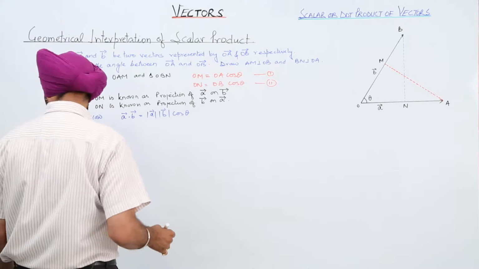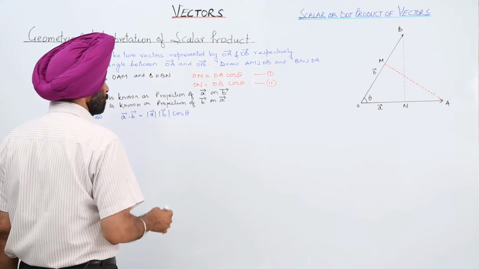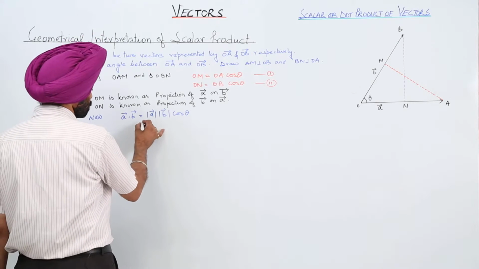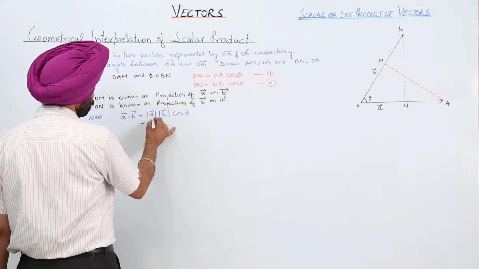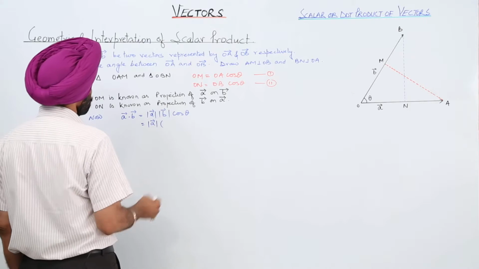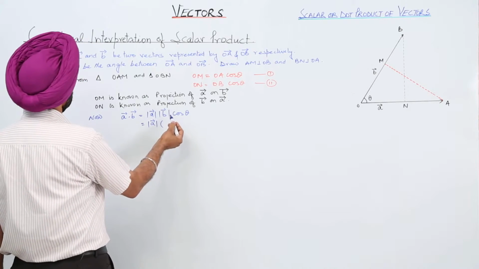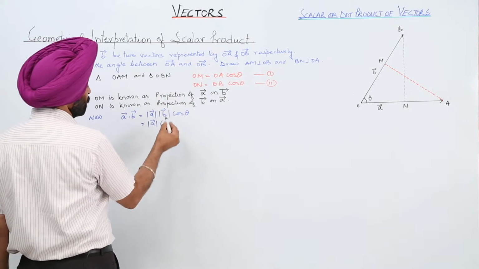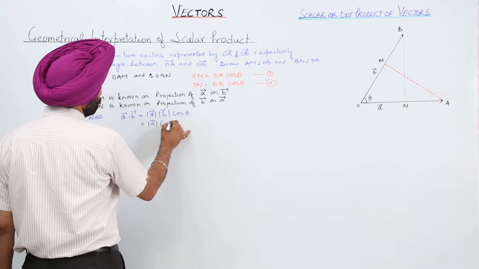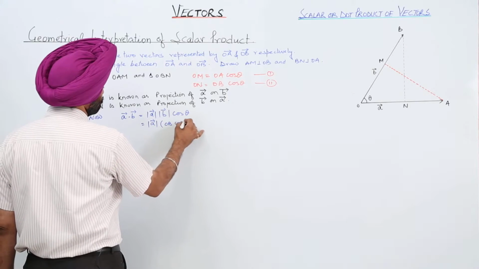Is it clear? Now B is represented by OB, so magnitude of A with OB cos theta.